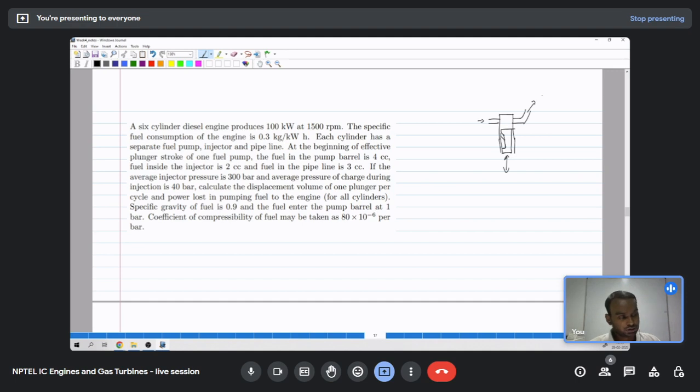So this goes to the injector, and this is a fuel inlet which is at 1 bar, and at outlet we have 300 bar pressure. And in the cylinder we have charge pressure, so if it is injecting from here, this charge pressure is 40 bar.